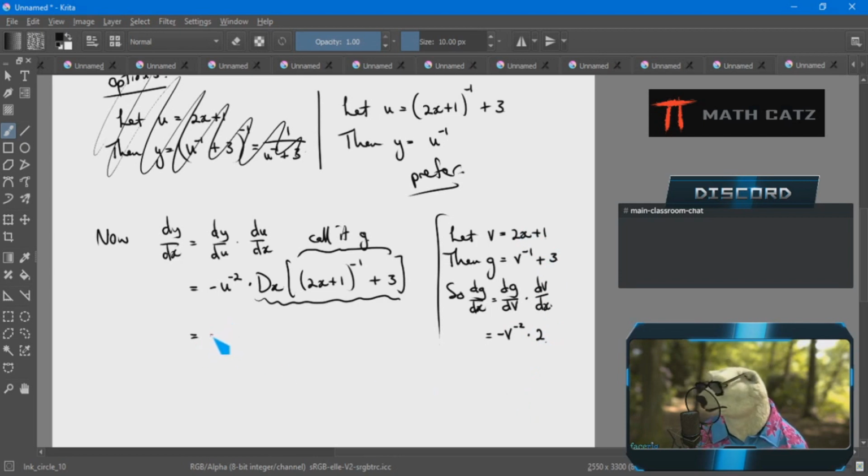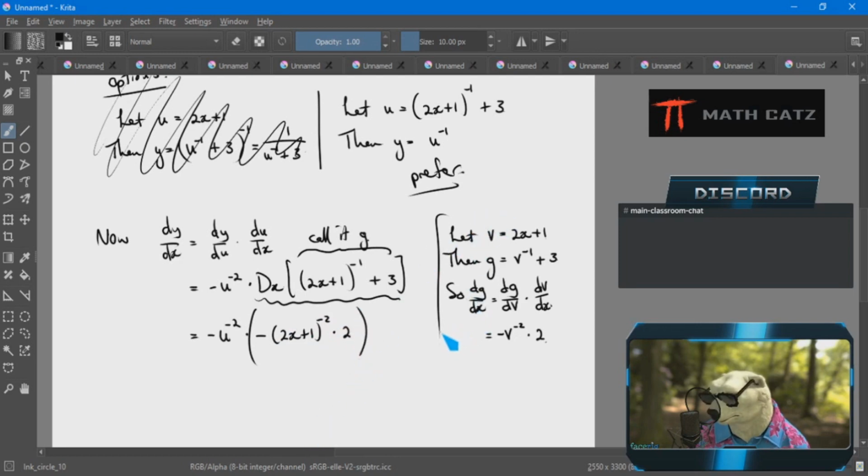Now, perhaps I'm not ready to do all of the replacements. Just want to finish this derivative. That's okay. I need to put back what V is. I'm going to use nice big brackets here because I don't want to get confused with a dot next to a negative. It's negative V, 2x plus 1 to the negative 2 times 2.